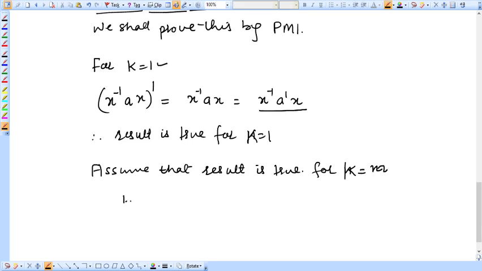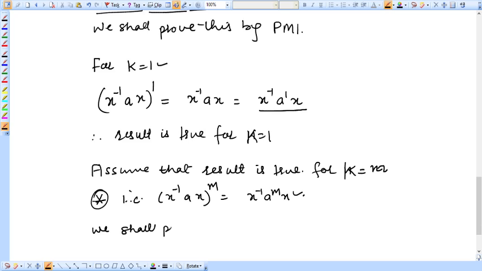That is, if the result is true for k is equal to m, then we can write x inverse a x raised to power m is equal to x inverse a raised to power m x, right? So now, using this result, this is the key step, we are going to prove that the result is true for k is equal to m plus 1.